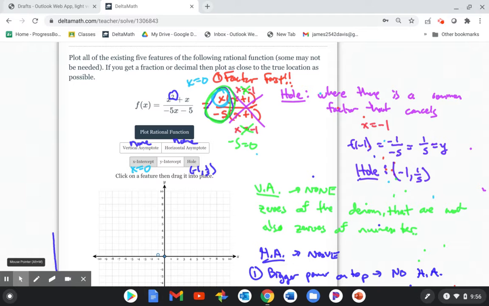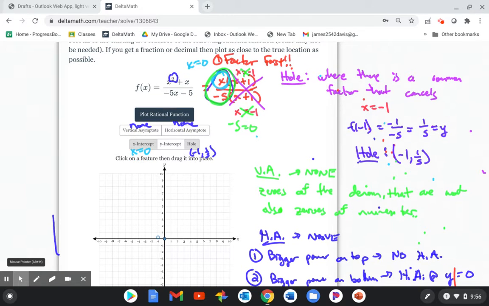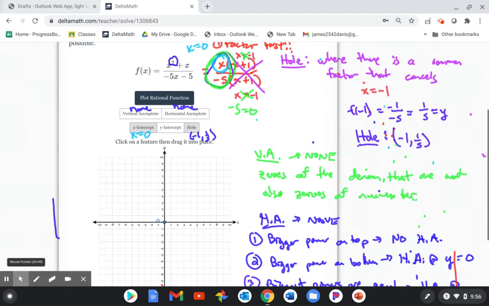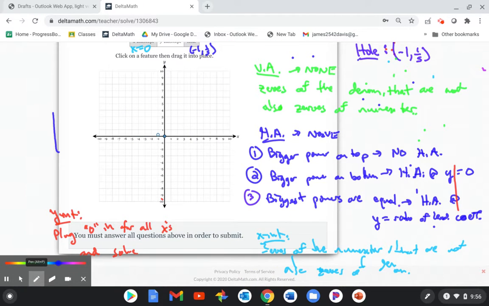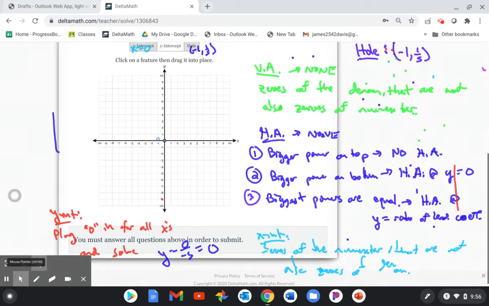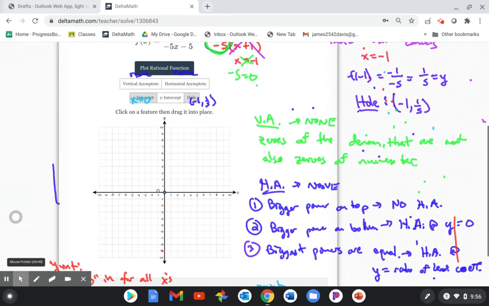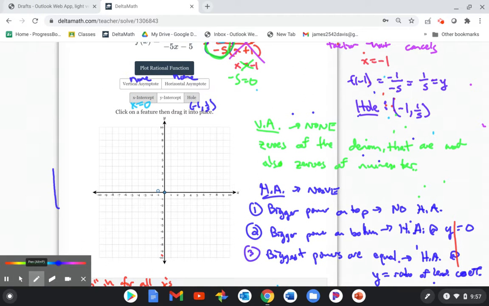And what we want to do is actually plug it in the simplified version. So we can just plug it into that 0 over -5. So y equals 0 over -5, which is just 0. So y equals 0. We got a y-intercept, which we said was going to be the case because it crosses at the origin, so it's got to be 0, 0.